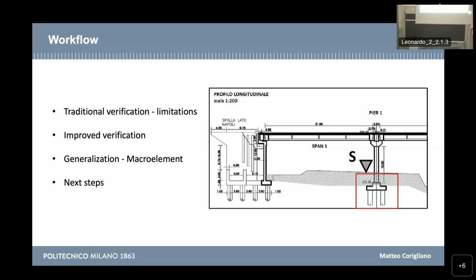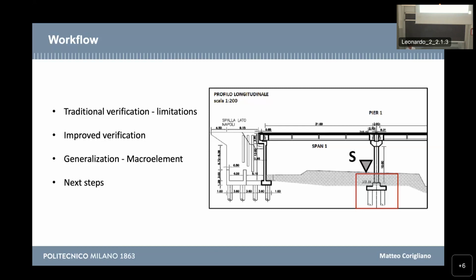And then what I will do is a generalization of this approach, with the final aim of proposing a simple tool that is capable of giving information on the verification of the foundation and on the possible retrofitting intervention.